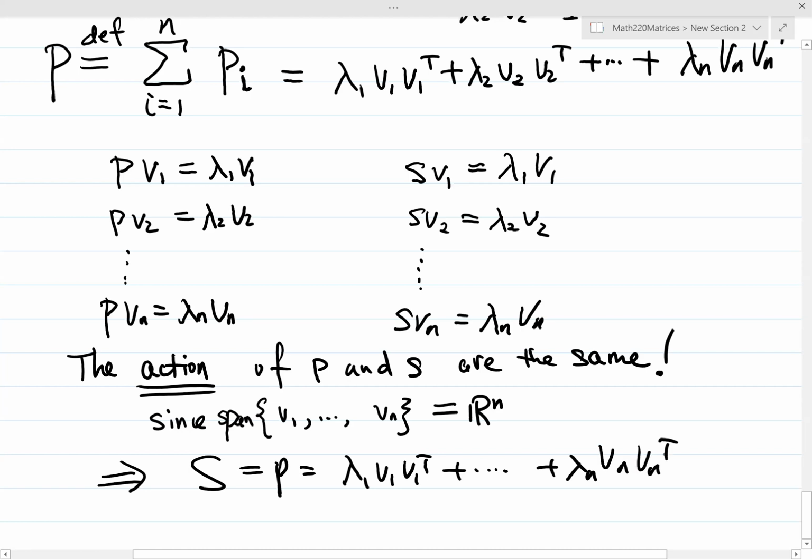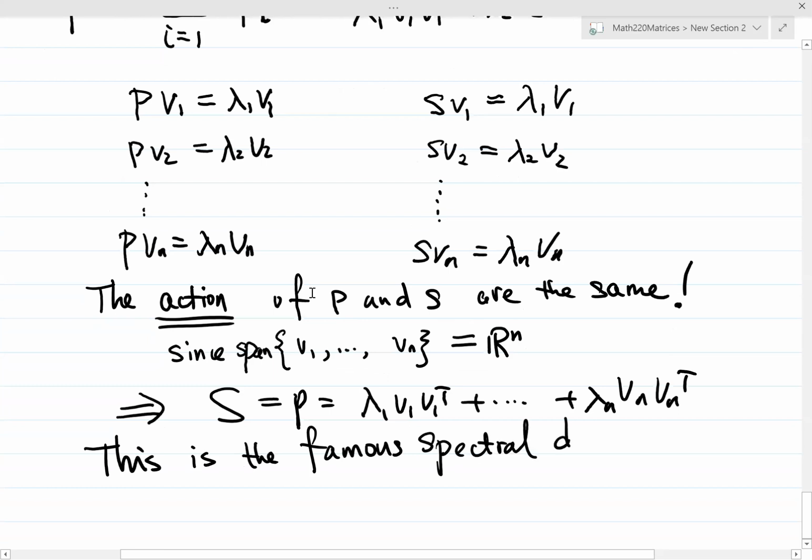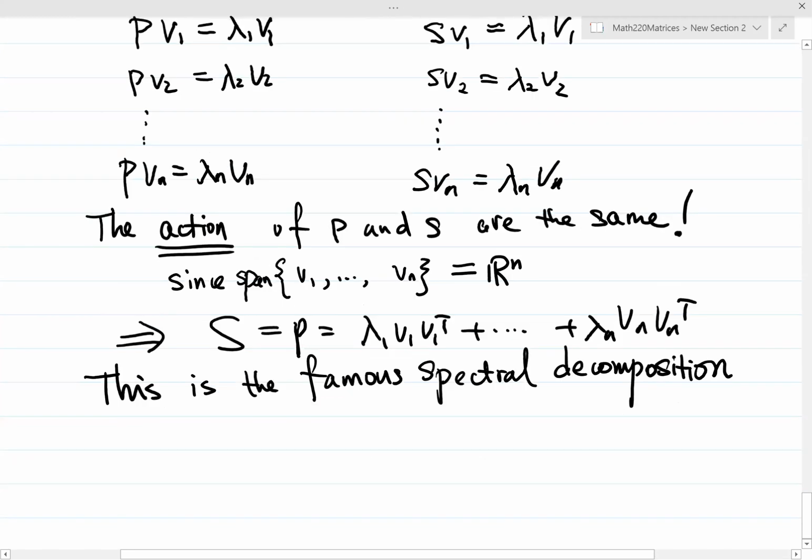This is the famous spectral decomposition, the spectral decomposition of a symmetric matrix.